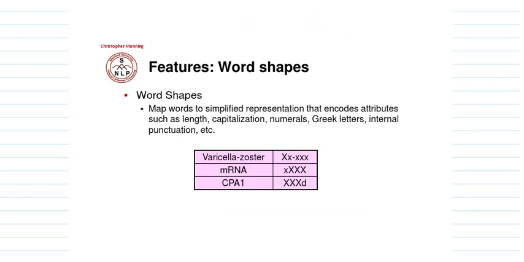So he said that we can replace each of these characters, each of these alphabets. The capital alphabets can be replaced by a capital X, and small alphabets can be replaced by a small x, and the decimal numbers can be replaced by a D. So this is capital letters.